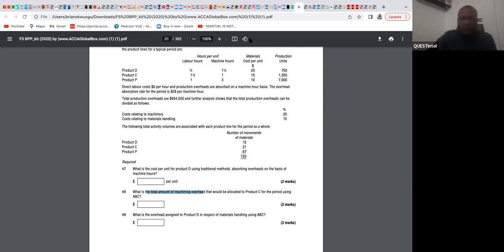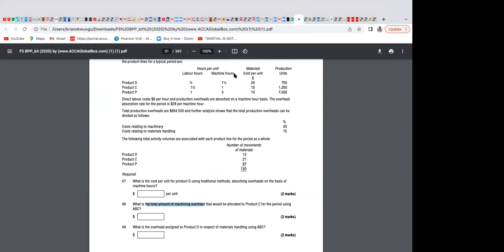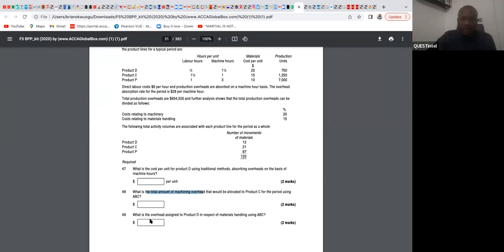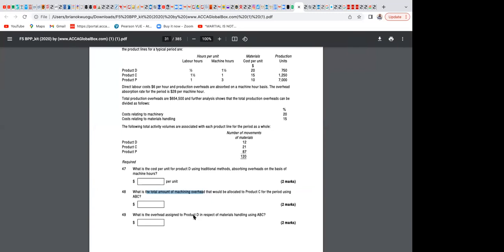If it were not total, they would have said, what is the overhead assigned to a unit of product D? Because they didn't specify, it has to be in total terms. Is that clear? Yes, sir. All right, good.